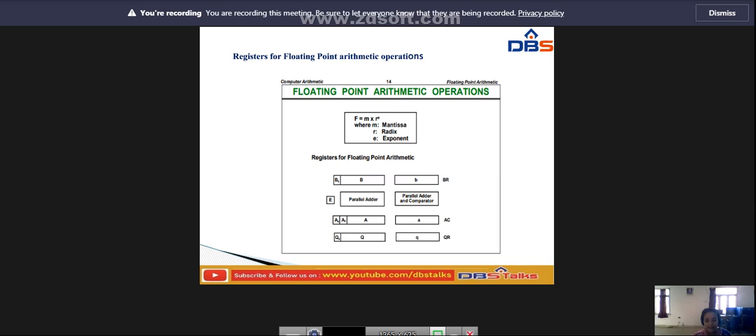A parallel adder can be used for the exponent. The exponents do not have a distinct sign bit because they are represented as a biased positive quantity. If it is assumed that the floating point numbers are so large, the chance of exponent overflow is very remote, and so the exponent overflow will be neglected.